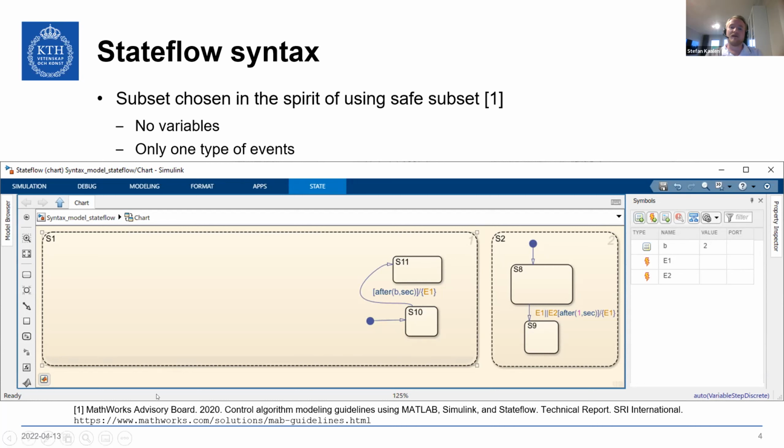So just shortly, how does State Flow work? Well, it can look something like this, a State Flow model. So we have a bunch of states, as you can see here, and we have a couple of transitions within them. We also have some default transitions here, which say that if we enter S1, we will also enter S10 and not S11 by default.